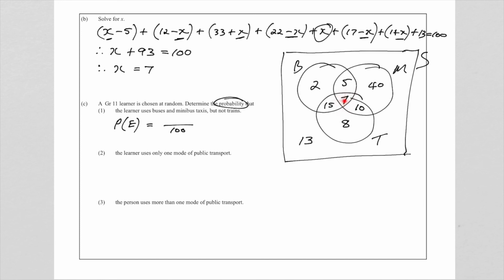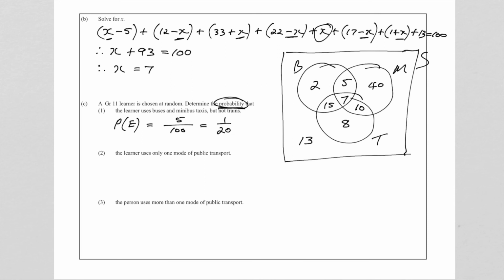We must not use the 7 because that's part of trains as well. So it means it will leave us with a 5 only. So this answer will be 5 over 100, which we can then simplify to 1 over 20. But always important to look at, do they ask us for how many, or do they ask us for probability?